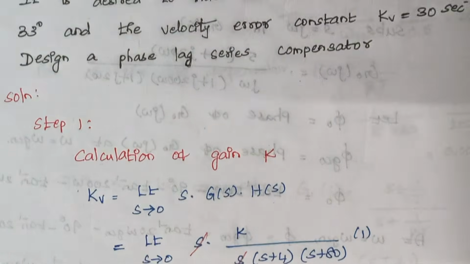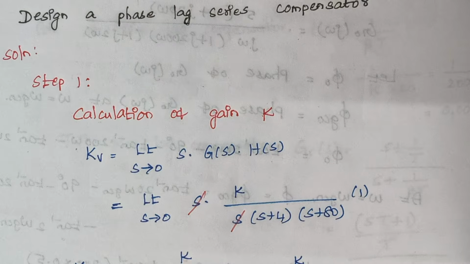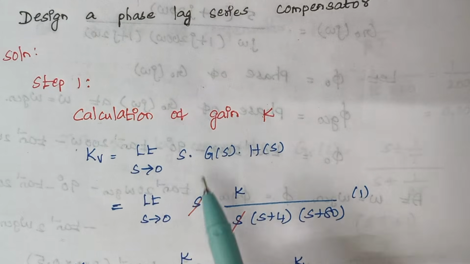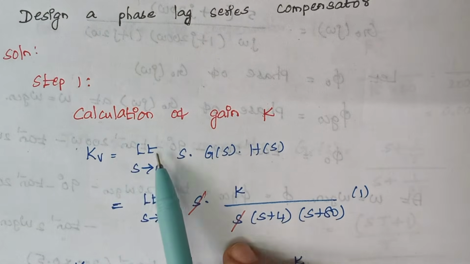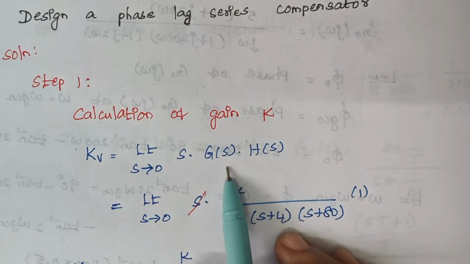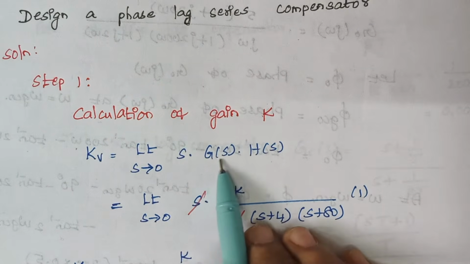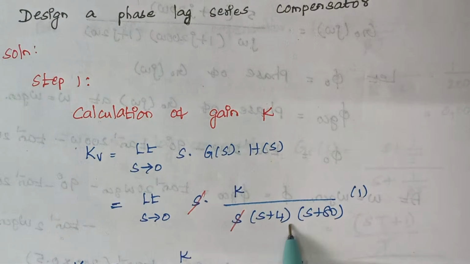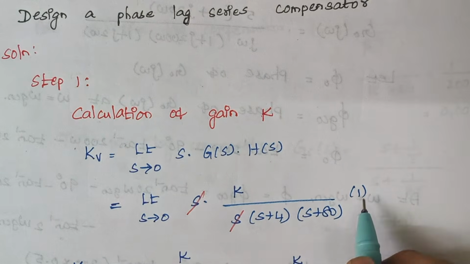So step 1 is calculation of gain k. Here the kV formula is limit s tends to 0 of s into G(s) into H(s). Here G(s) is given in the problem and the H(s) value is 1 because it is a unity feedback.